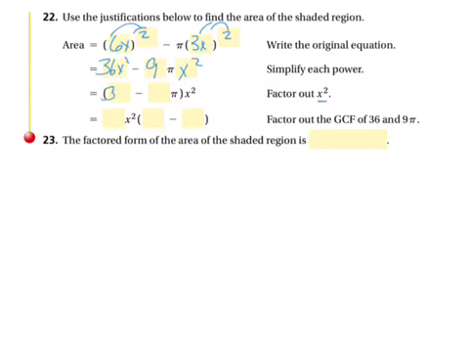So I'm going to have 36 minus 9 pi times x squared. Well, what goes into 36 and 9? Well, 9 does. So I can factor 9 out of that as well. So I'm going to take 9x squared out of 36, which would be 4, and 9x squared out of 9 pi, which would be pi. So the factored form of the shaded region is 9x squared times 4 minus pi.